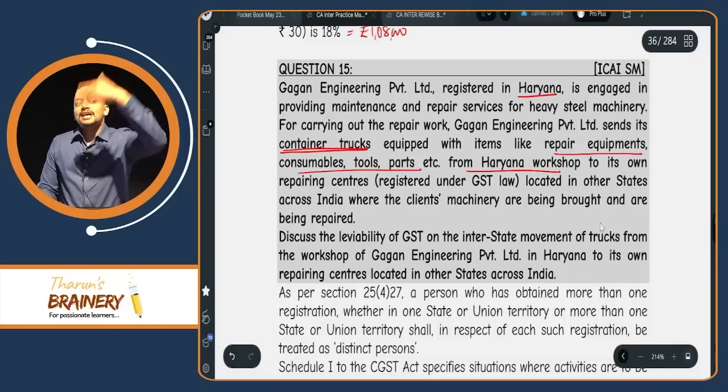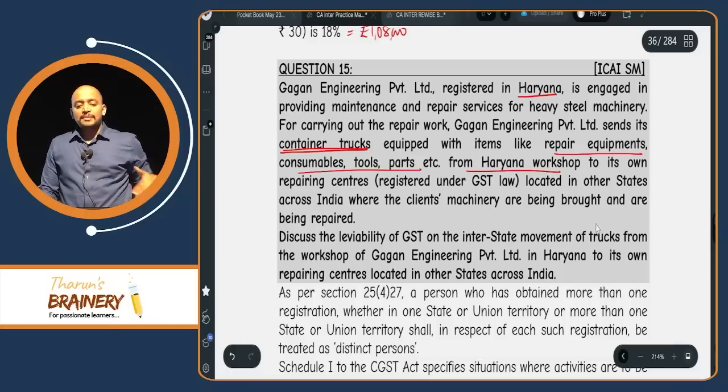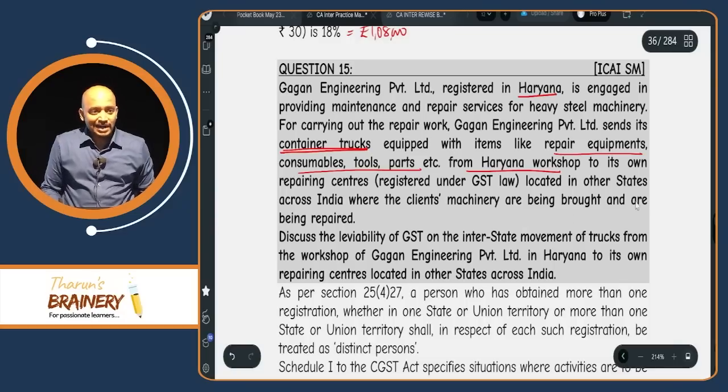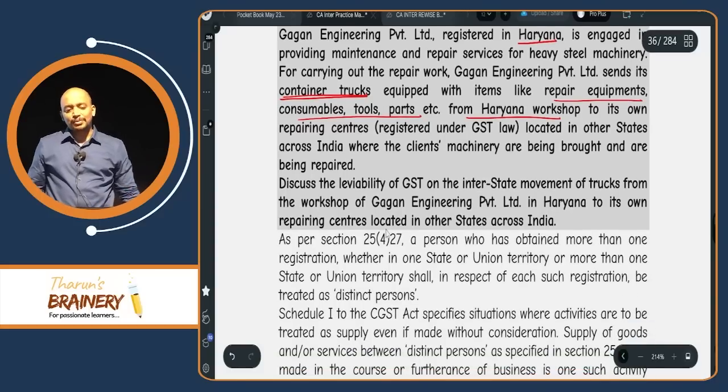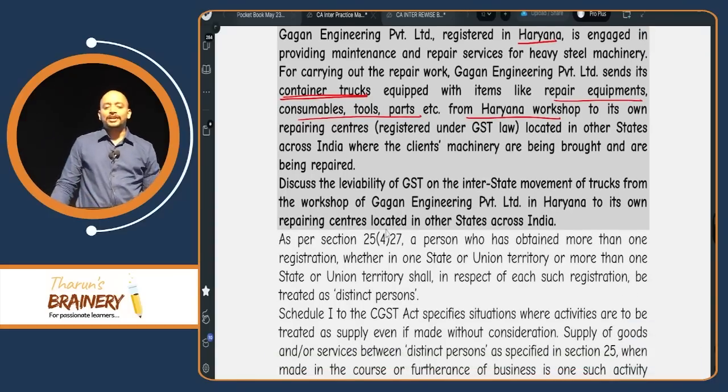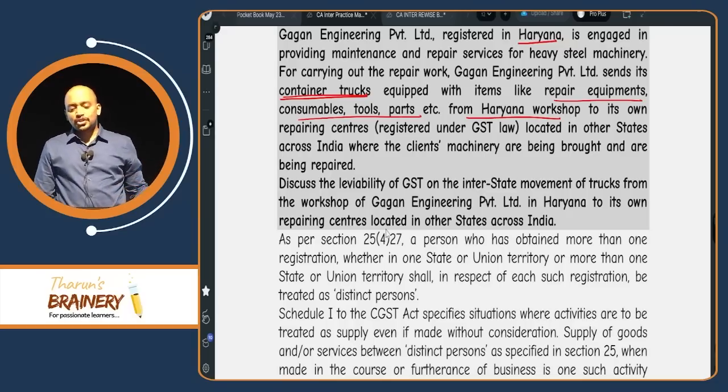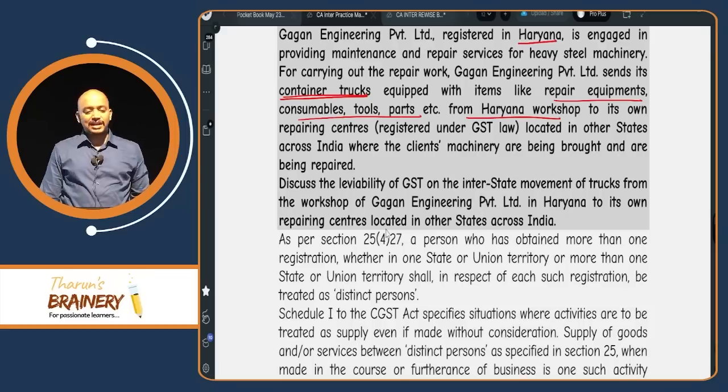There they ask the client to bring the machinery for repair, and the machinery is brought and repaired. Discuss the leviability of GST on interstate movement of trucks from the workshop of Gagan Engineering in Haryana to its own repairing centers in other states.